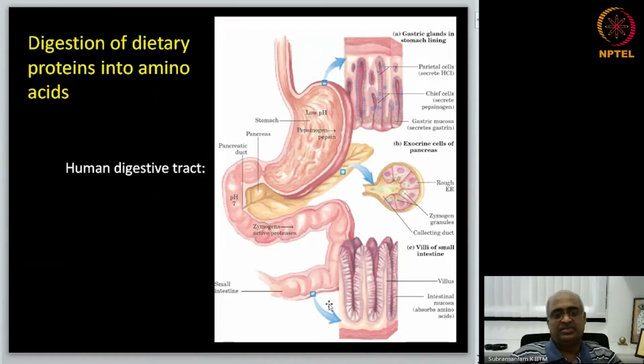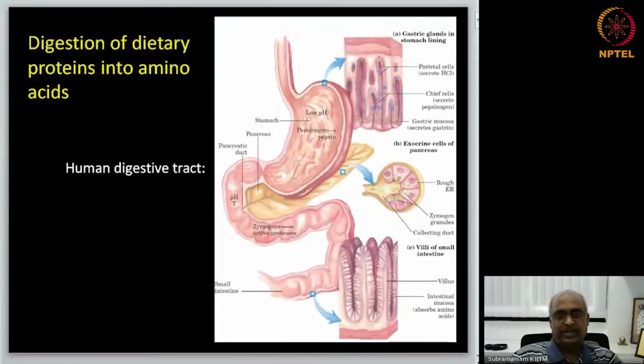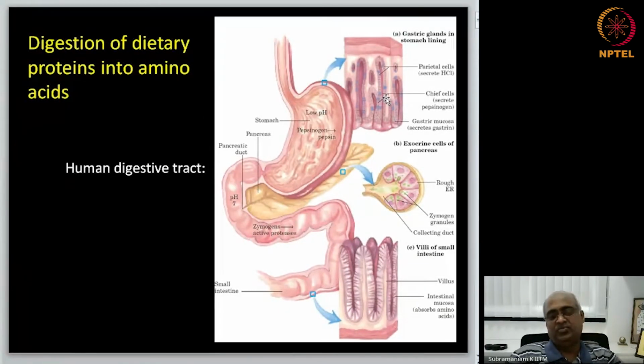Like the small intestine, here again you have a folded structure to generate larger surface area, and these glandular cells produce important things for protein digestion. The parietal cells produce HCl, and the chief cells produce pepsinogen. So pepsinogen is an inactive form of the protease called pepsin.